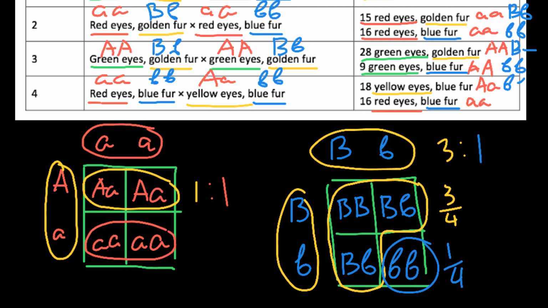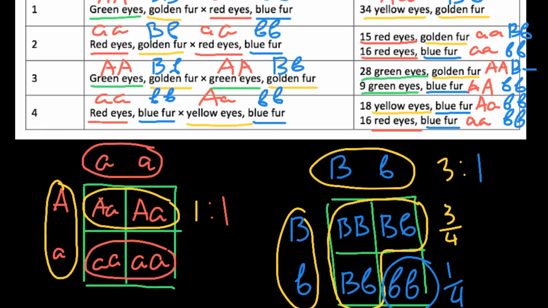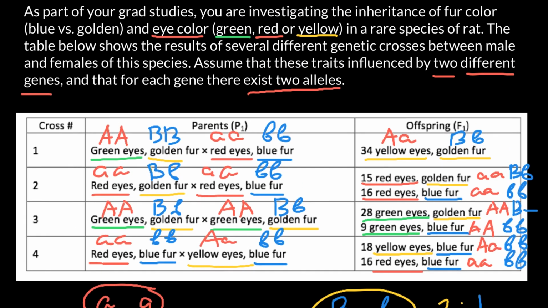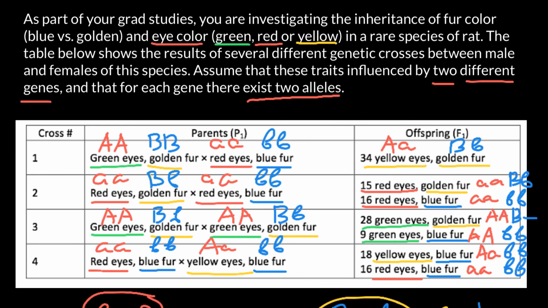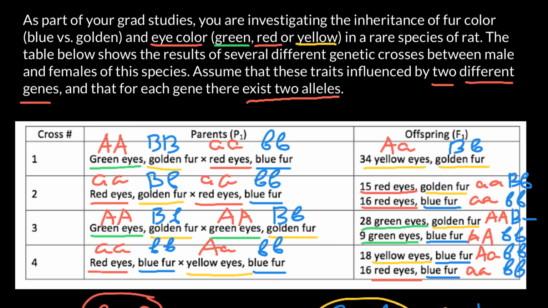Of course, such a cross can only produce homozygous recessive and only blue fur in this litter. So as you see, we gave all the genotypes, we explained all the crosses and the results of such crosses that we see here.